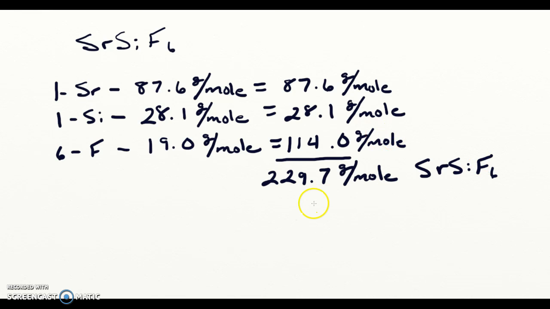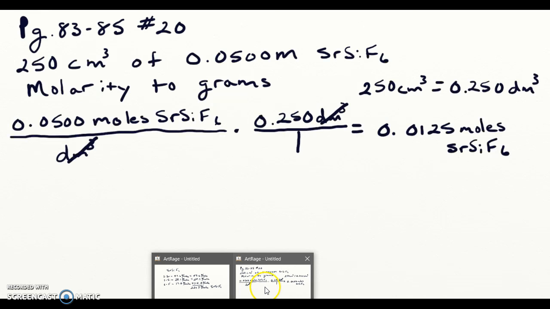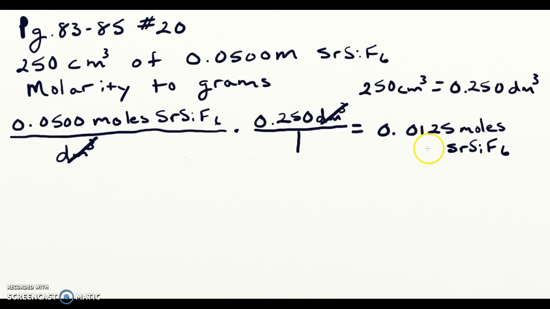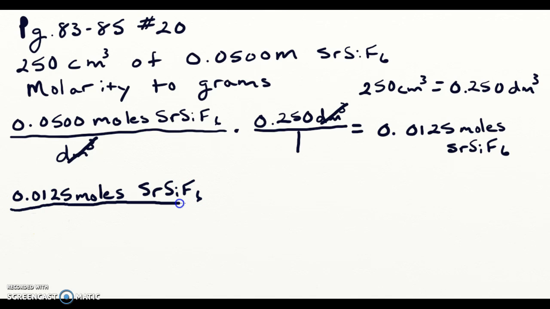Now I have the molecular mass, and I need to go back and change my moles to grams. So I'm going to rewrite this over here. I have the moles, 0.0125 moles of strontium silicon fluoride, all over 1. Always put it over 1, anything over 1. Then I multiply by the molecular mass.